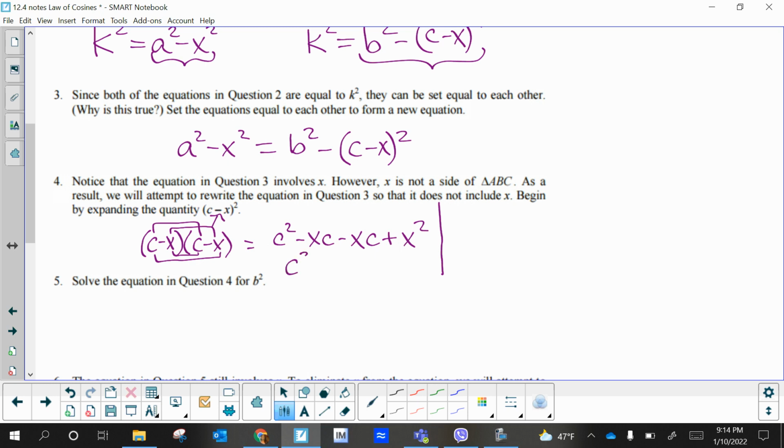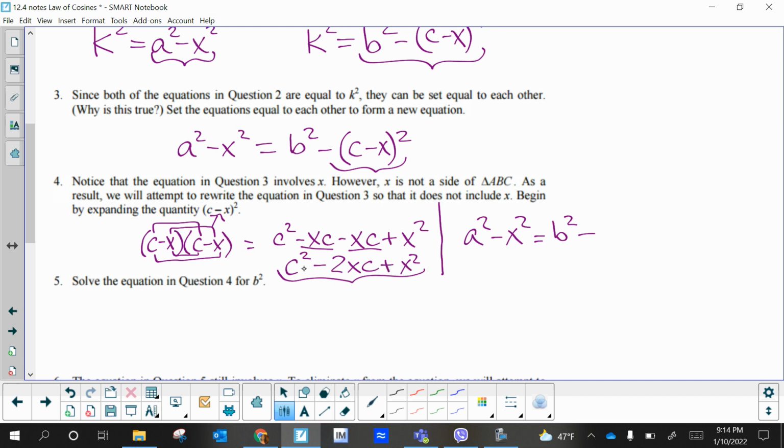We can write this as c squared minus, because see how there's two of these, minus 2xc plus the x squared. So we're just going to replace this for this part right here. So what do we have? We have a squared minus x squared equals b squared minus this whole thing. Okay, so we have to minus that whole thing.